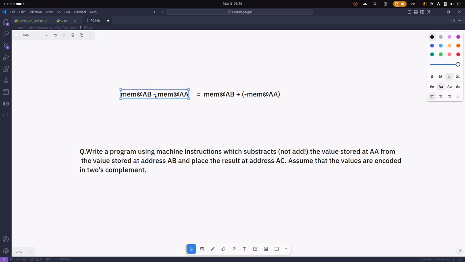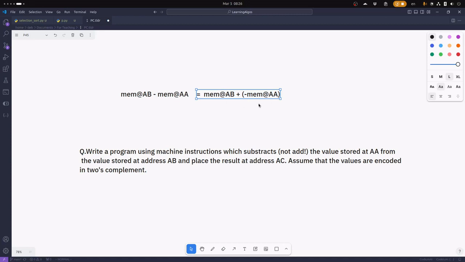Since we don't have a minus operation in our language, we can just make the value at that memory address negative. Then we add the value of memory address B and the negative value we just got.